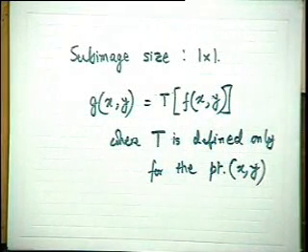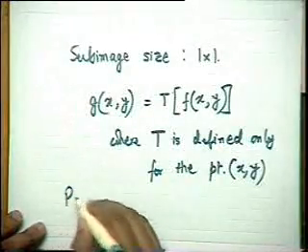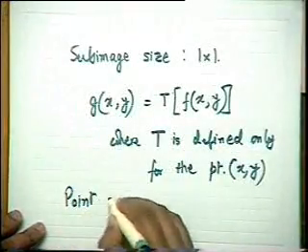So is it a local operation? It is obviously a local operation, but a very, very restricted local operation. It is a point operation. We are going to take this kind of operations where the subimage size is 1 by 1, and we are going to call them point operations.